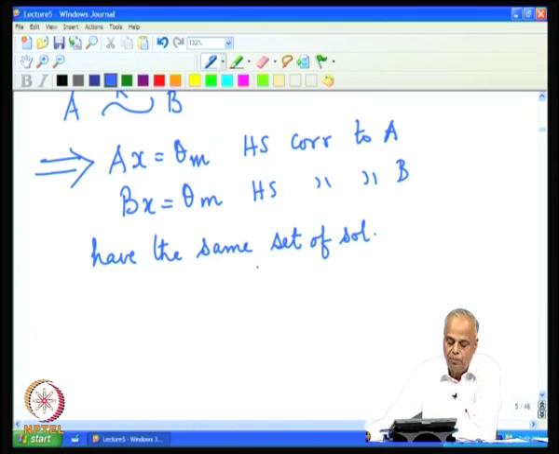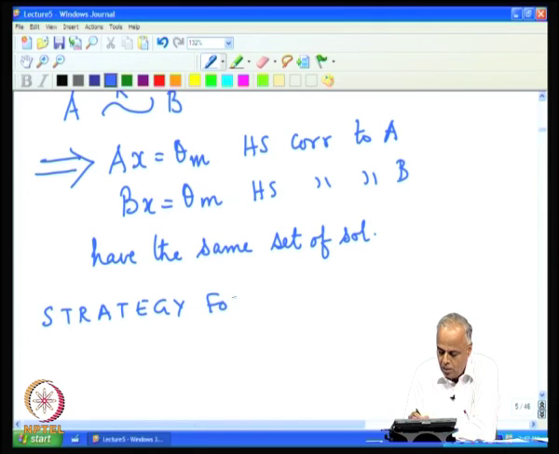So, instead of solving the system A x equal to theta m, we could also solve the system B x equal to theta m. So, what is our main strategy for solving homogeneous systems?